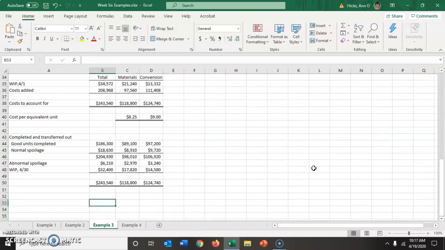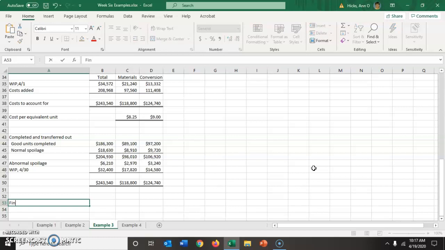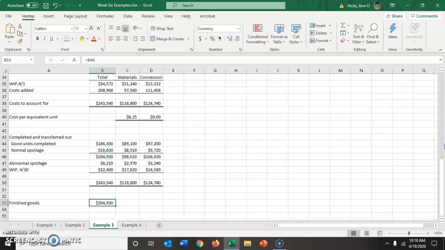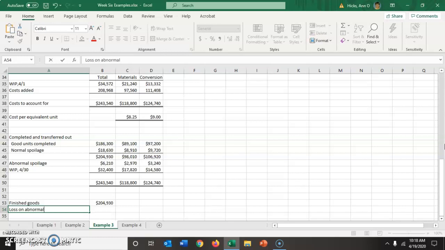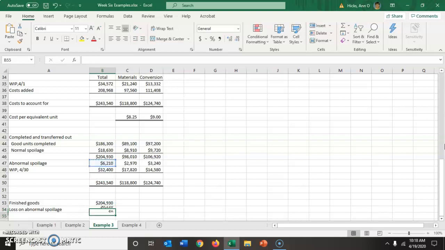Now, our journal entry, let's just assume for ease that this is the only department. And so we're going to debit finished goods for the 204,930, which is, again, the cost of the good units plus the normal spoilage. Then we're going to debit an account called loss on abnormal spoilage for the 6,210.